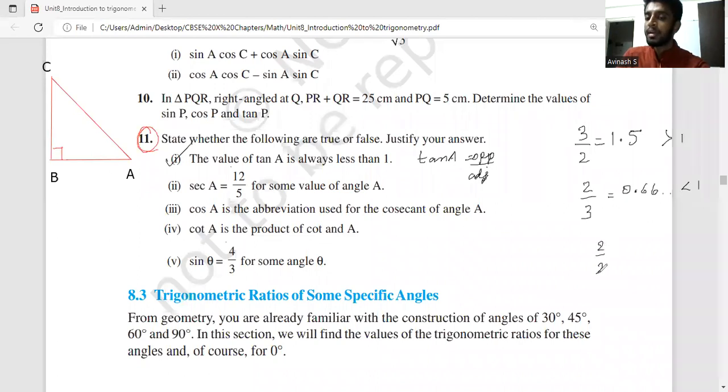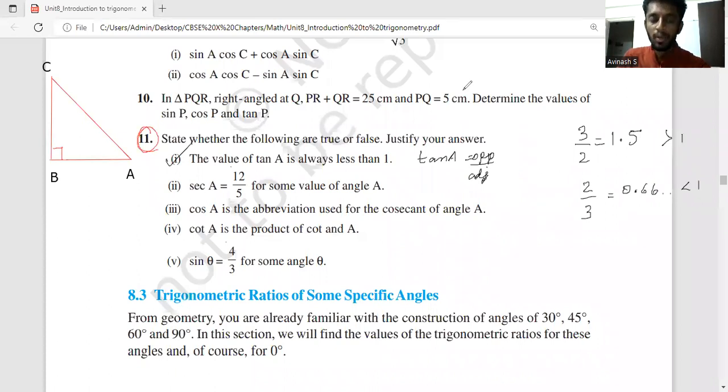If the numerator and denominator are the same, then the fraction will be equal to 1. But as a general rule, if the numerator is greater than the denominator, we get a value greater than 1. If the numerator is less than the denominator, we get a value less than 1. With this understanding, let us approach this particular problem.